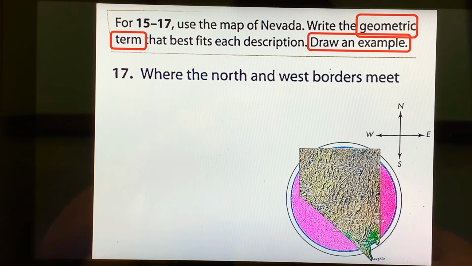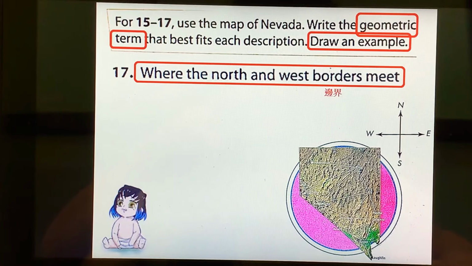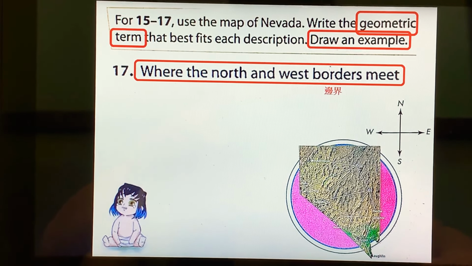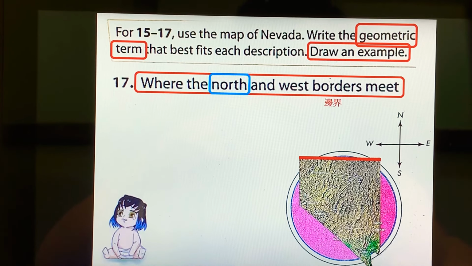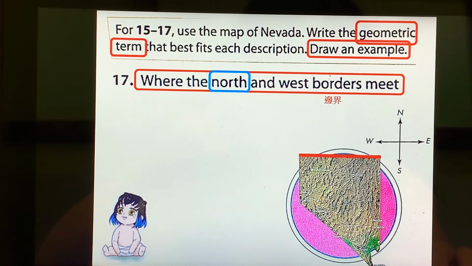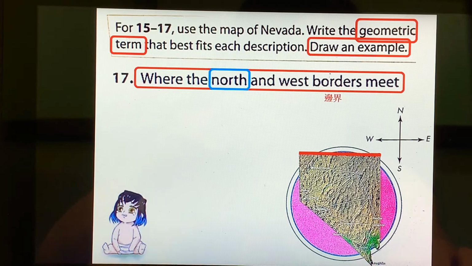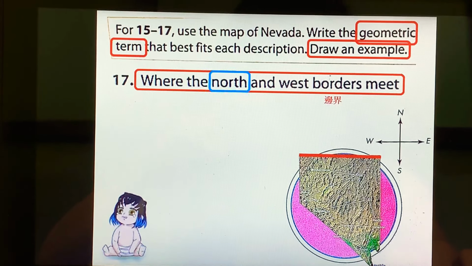17. Where the north and west borders meet. 好，这一题的意思是说，北方的边界 north border. I have marked the north border in red for you. You see that? West border.